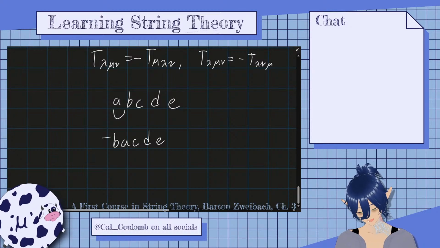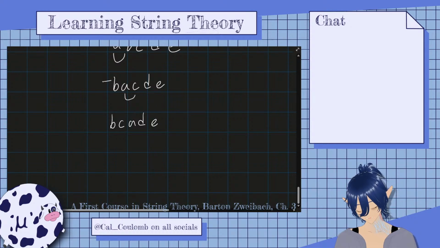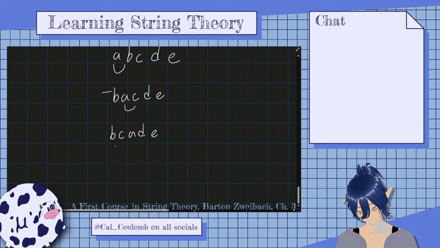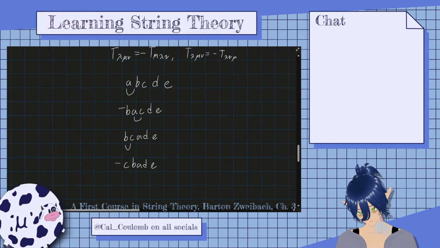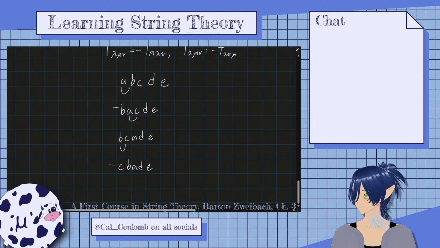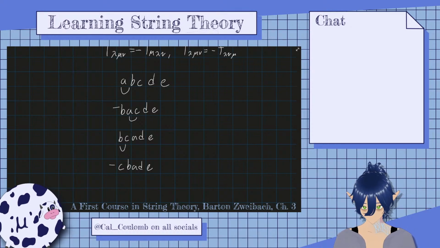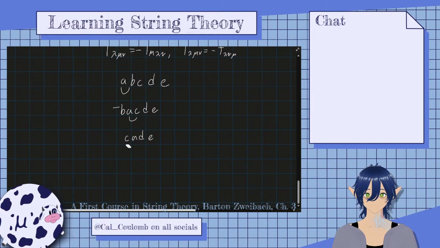We do another swap, A and C, which gives us B, C, A, D, E. Then we have to do one last swap to get the change of A and C, so minus C, B, A, D, E. So any time we want to change two indices, if changing adjacent indices gives you a minus sign, then switching any two indices will give you a minus sign. Okay, that makes sense to me.